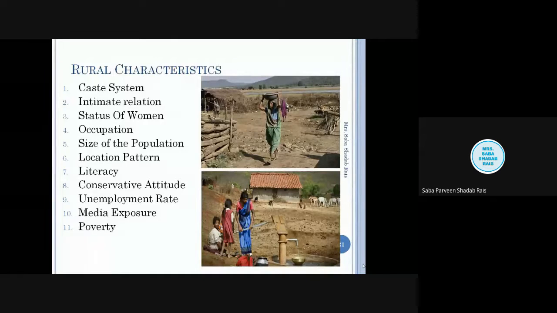In that movie, they have shown the very old, British time. But still, landlords are exploiting the farm labor. Then there are many malpractices done by the money lender.